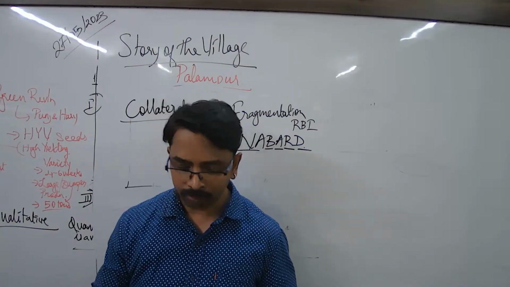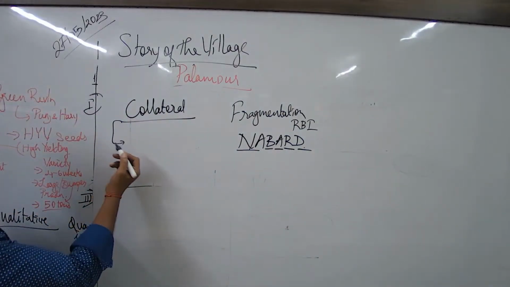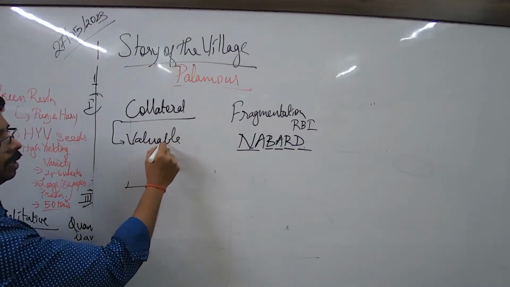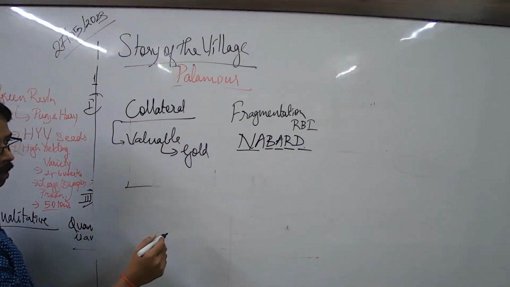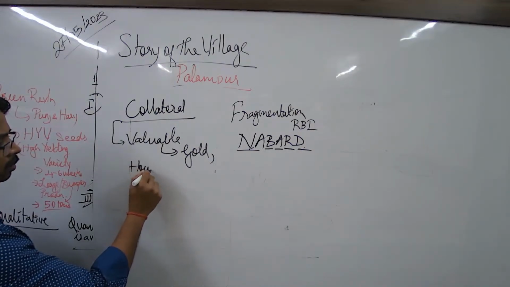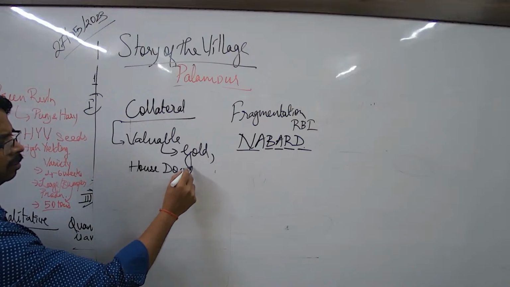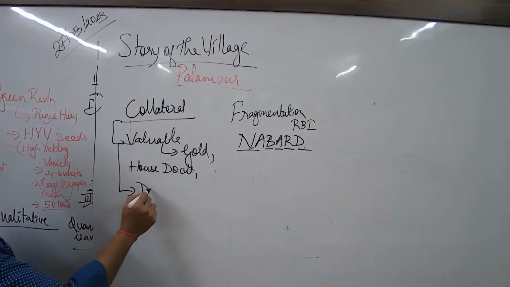So now the government of India says collateral is nothing but some valuable goods, correct? Especially gold. Nowadays, gold loans are readily available. Or house documents, where you are mortgaging that paper.